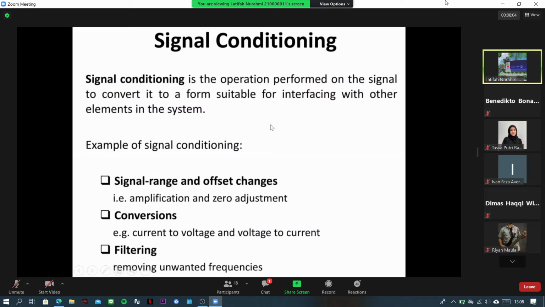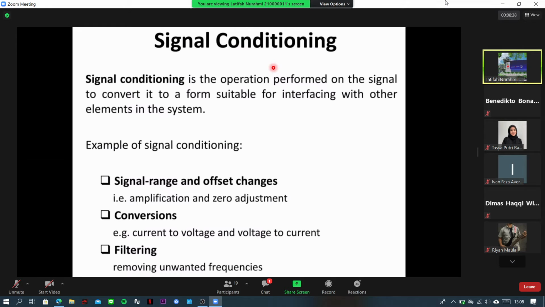So signal conditioning is an operation performed on the signal to convert it to a form suitable for interfacing with other elements in the system. Like I said before, from your thermocouple, it senses the temperature and it gives you voltage.